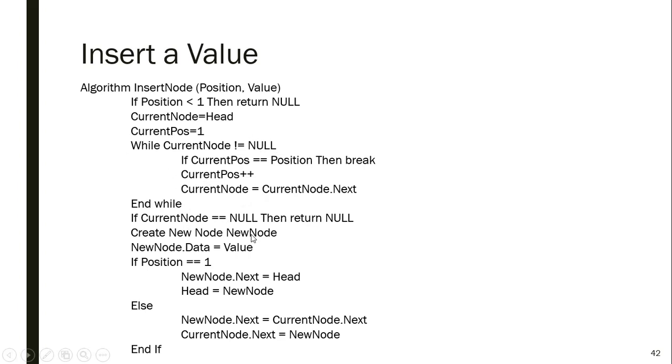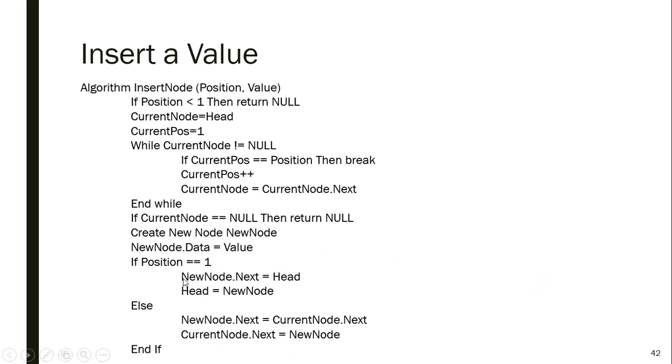After that, if you have checked the lower and upper bounds, then you can create a new node and assign the value to this new node, and then you will just check whether you want to insert at the beginning, or in the middle, or at the end.